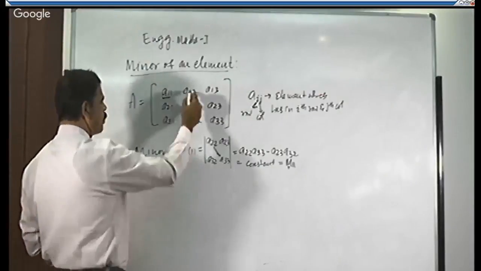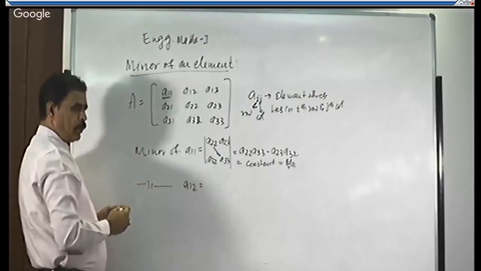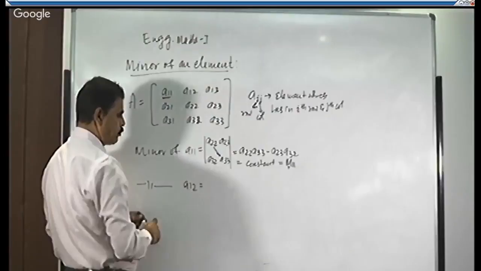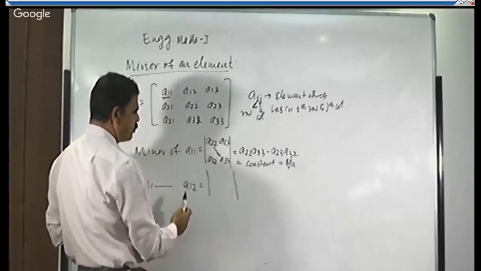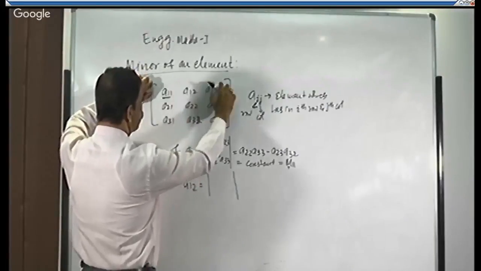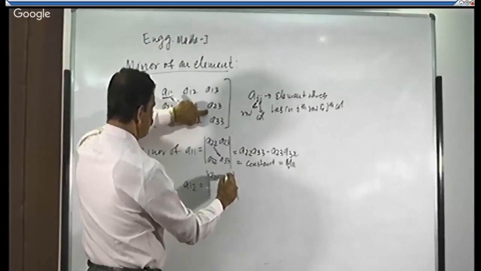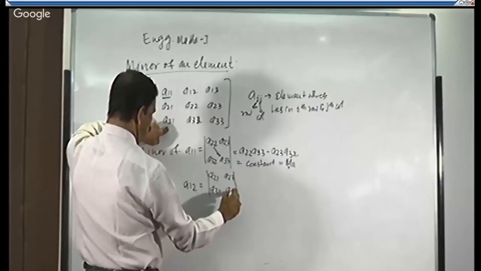Next, if I take the minor of the second element, A12, it is an element which lies in the first row, second column. The minor will be the determinant obtained by deleting the corresponding column and corresponding row. The remaining elements are A21, A23, A31, A33.